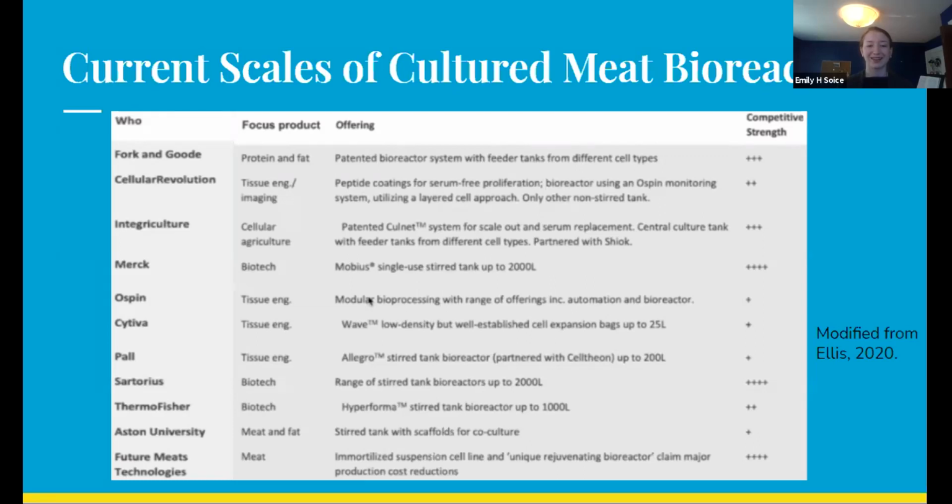You have bioengineering giants like Merck and Thermo Fisher that are also working on these technologies, as well as Future Meat Technologies, which is working on how to optimize the system for smaller scale cultures. They're using, for instance, media recycling to make even a smaller scale culture more efficient, whereas a lot of times you're trying to maximize the amount of scale.